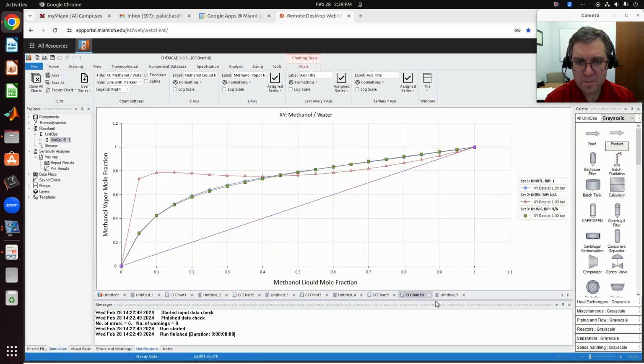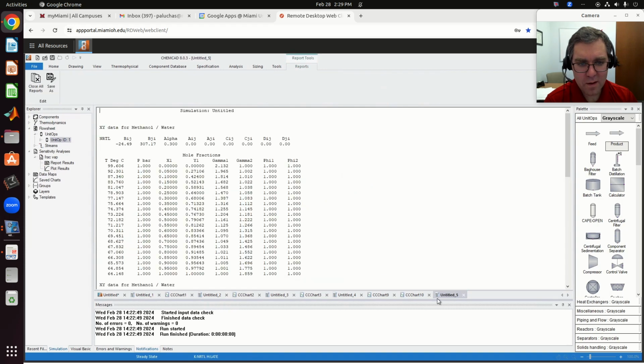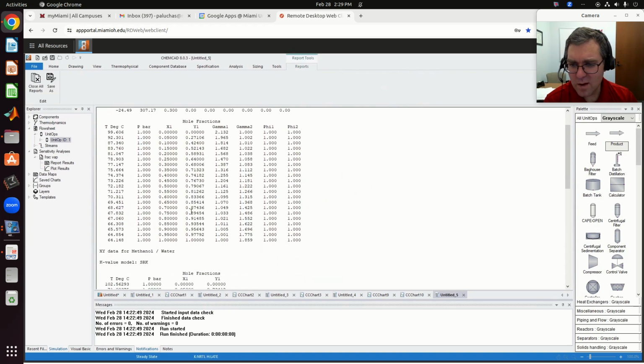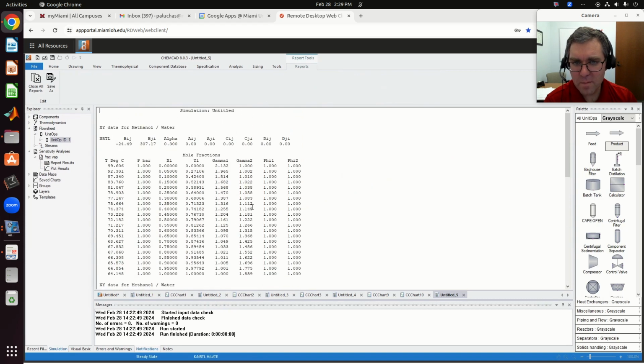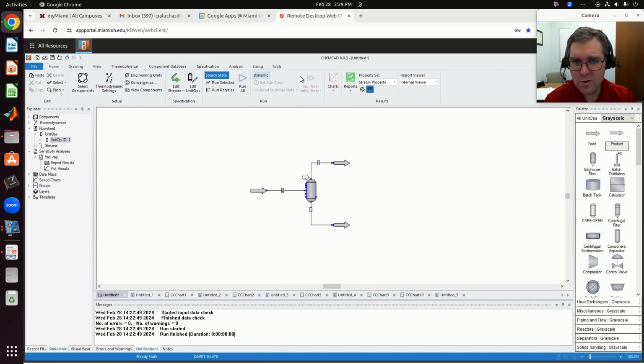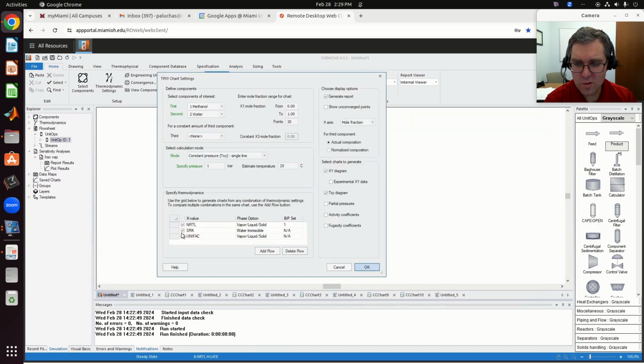Okay. Cool. And then you even get tabulated data for all the different methods which you could compare. And it's just under charts, TXY, you can choose and select different models. Okay. Cool. And so under phase option here, there's a drop down: vapor, liquid, liquid, solid.